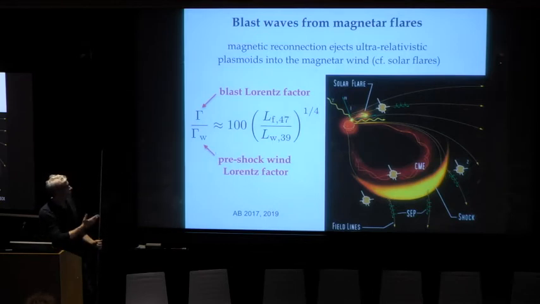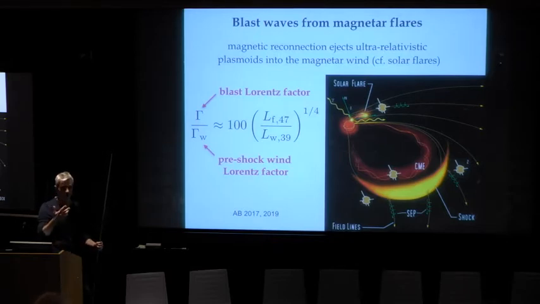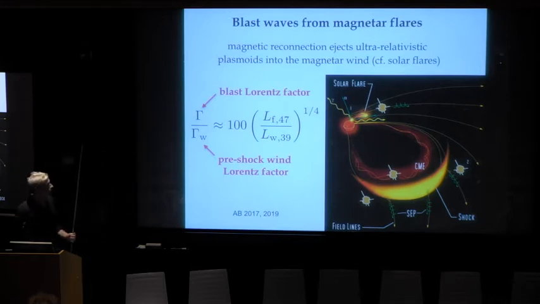And so what you find in this way for the typical flare luminosity that we think should be there: let's say 10^44 ergs ejected in 1 millisecond gives you a power of 10^47 ergs per second. And the wind power is normalized here to 10^39, we'll discuss it in a second. But the dependence is like a power of 1/4. So the ratio of the blast wave Lorentz factor to the pre-shock wind Lorentz factor is 100.